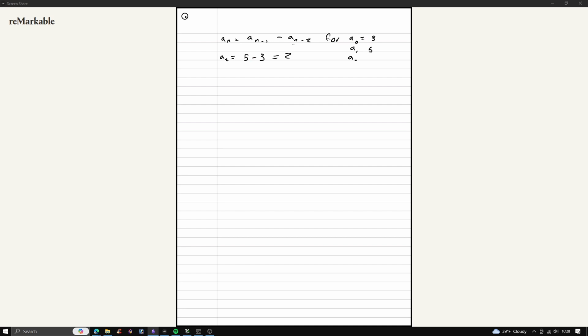So now we have a of 2 is equal to 2. So we go back, and a of 3 is going to be equal to a of n minus 1, which is 2, minus a of n minus 2, which is 5, and that's going to be negative 3. So a of 3 is equal to negative 3. And we can continue. We will not continue.